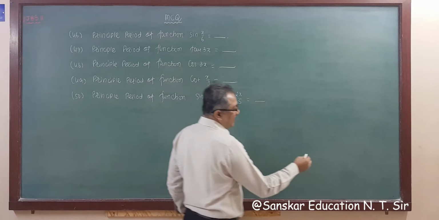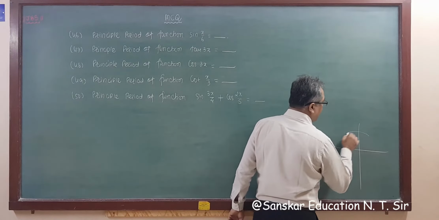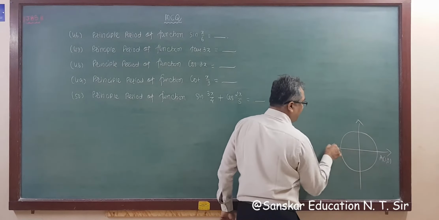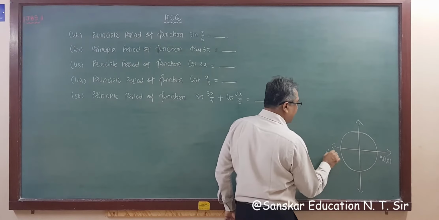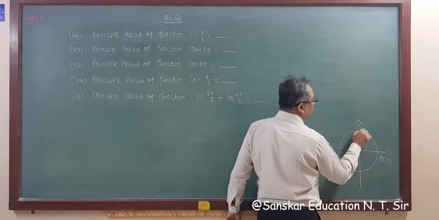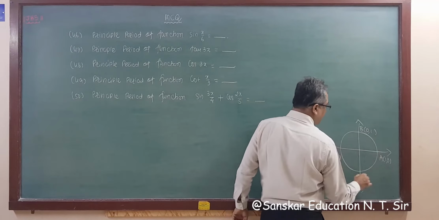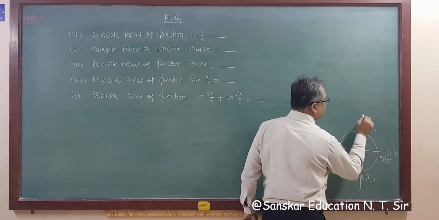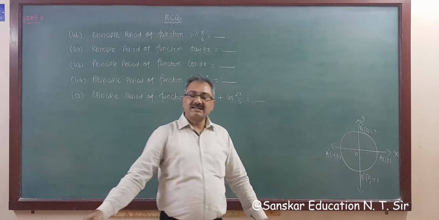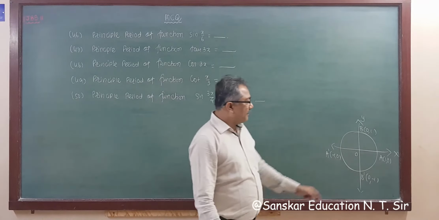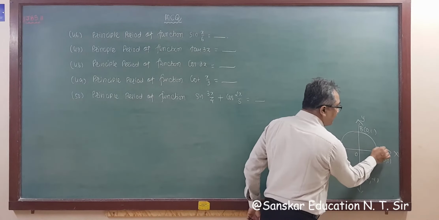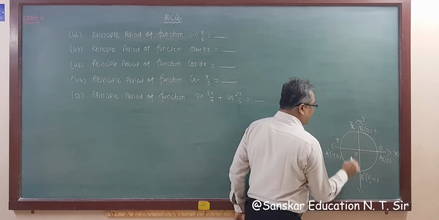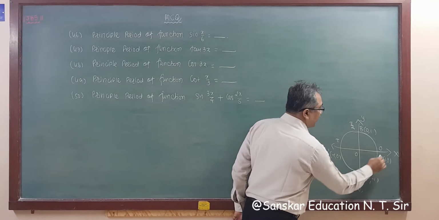Because see, if you have a unit circle, then this is a point A (1, 0), this is A dash (-1, 0), this is B (0, 1), and this is B dash (0, -1), and this is the origin, this is the x axis, this is the y axis, the x dash and y dash axes, that you know, right? So after one complete rotation, if we start from here, this is 0, this is pi by 2, this is pi, this is 3 pi by 2, and this is 2 pi.